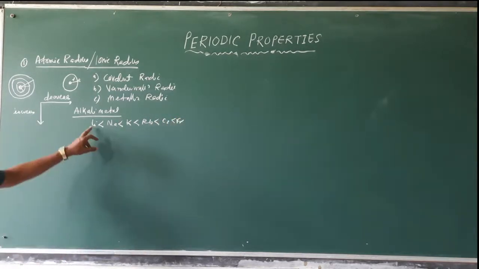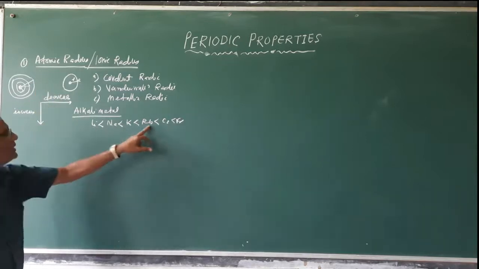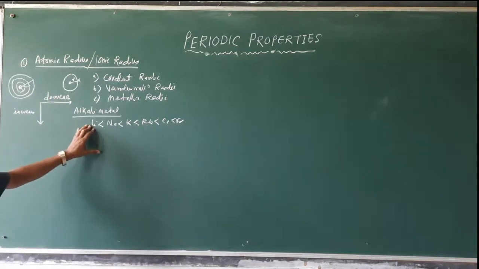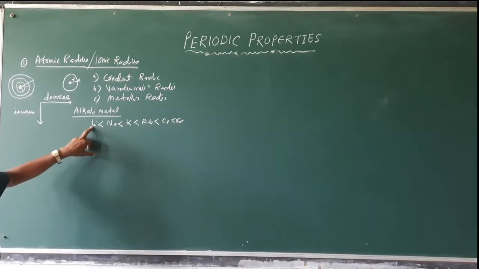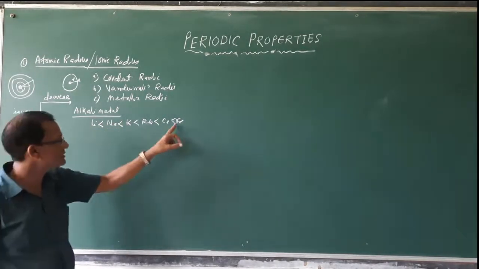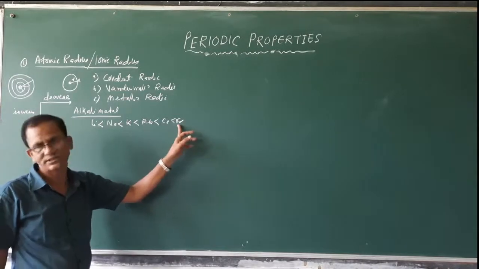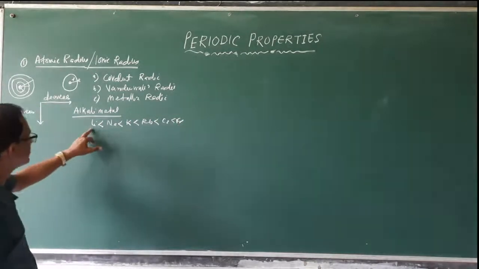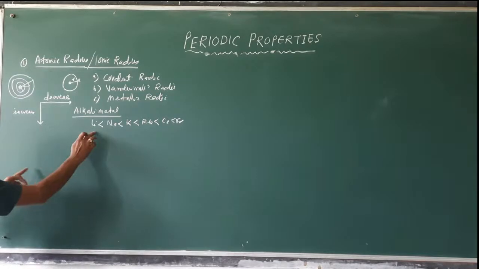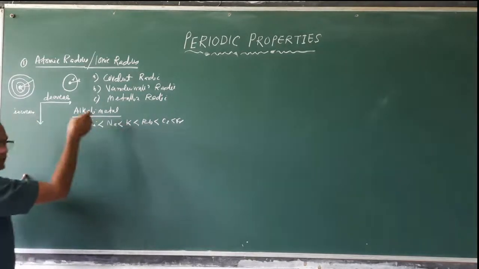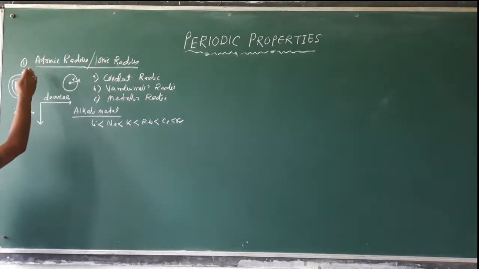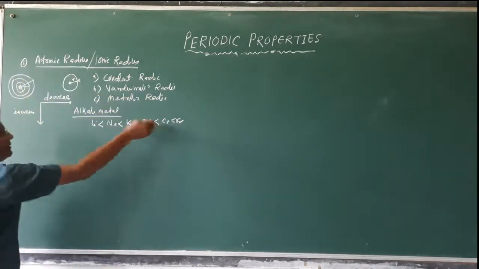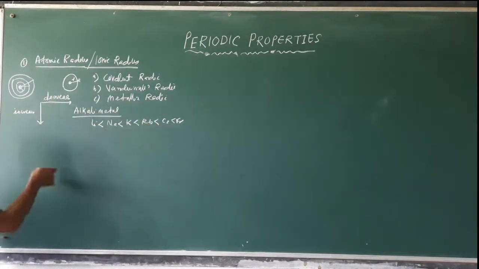As these alkali metals are arranged from top to bottom, lithium is the smallest in size and francium is the largest. In the table they are placed top to bottom: lithium topmost, then sodium, potassium, and so on.